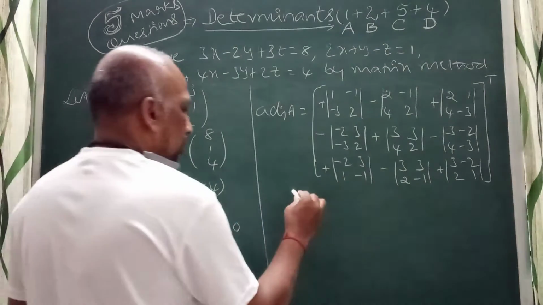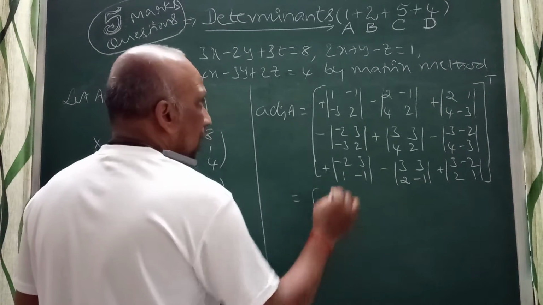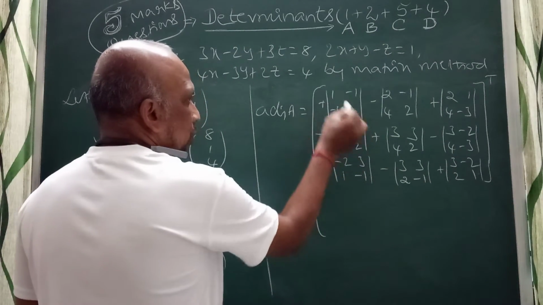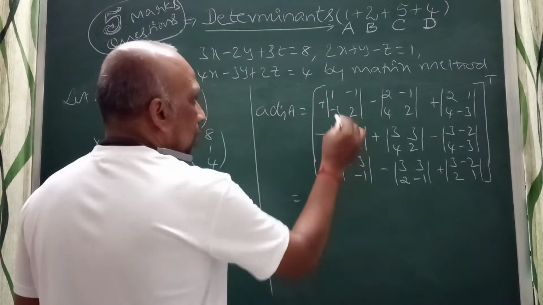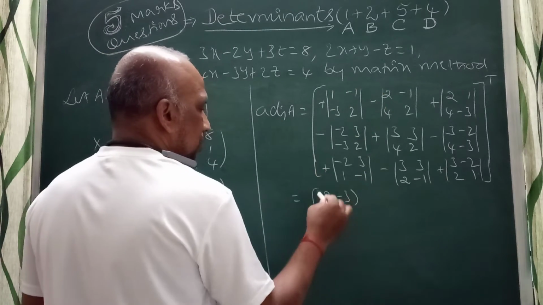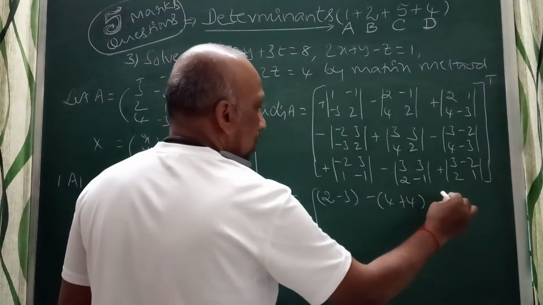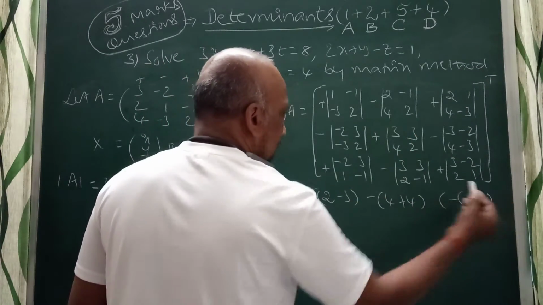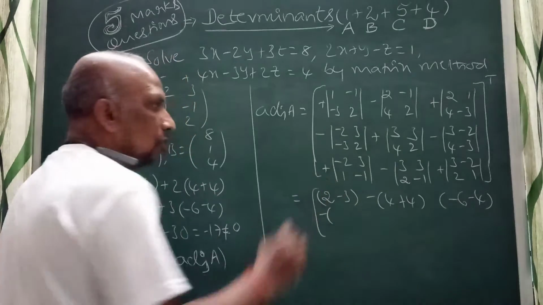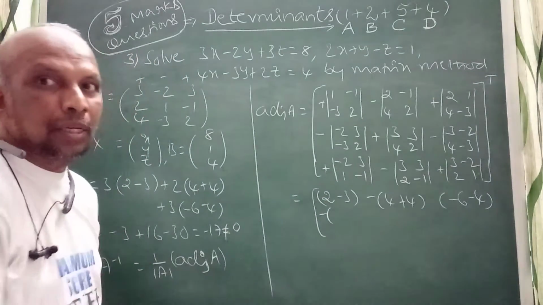Now you can check here. When I am finding adjoint A, I can write the determinant as 2 minus 3, and minus of 4 plus 4. This is minus 6 minus 4, minus of just the 2 by 2 determinant.